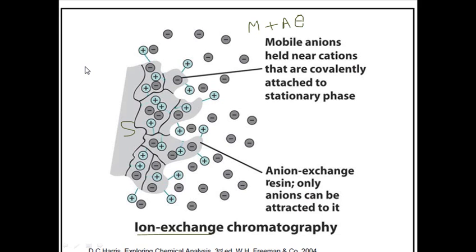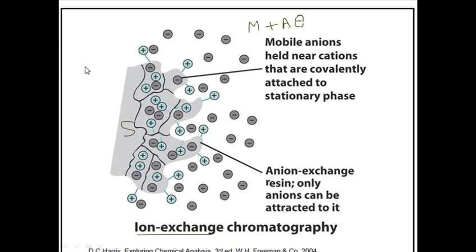In the stationary phase we have lots of positively charged residues attached. We need to choose a stationary phase for the ion exchange chromatography which has ionic groups. In this case they contain the positively charged ions or cations. So we have lots of cations on the surface, and we have analytes which are anions.